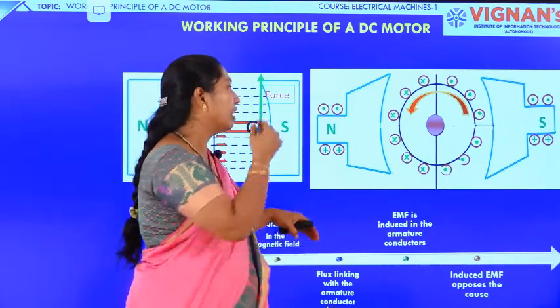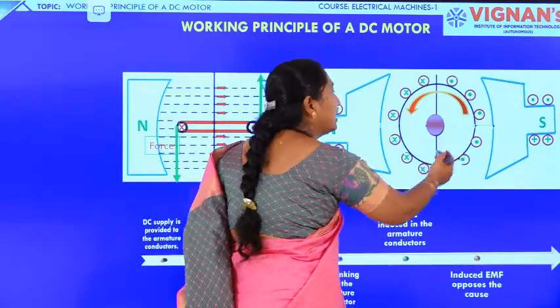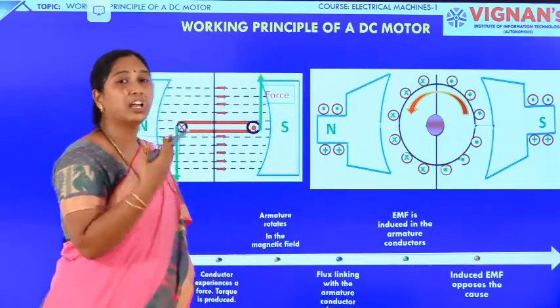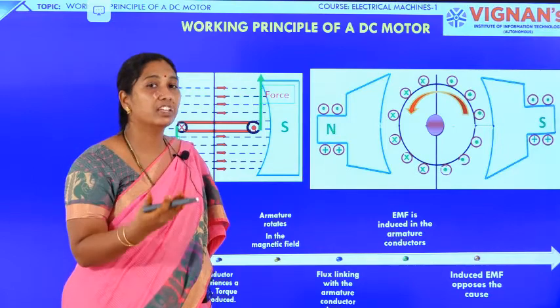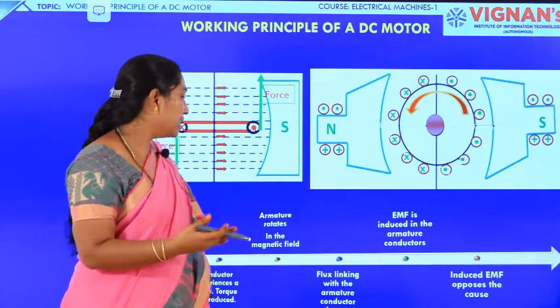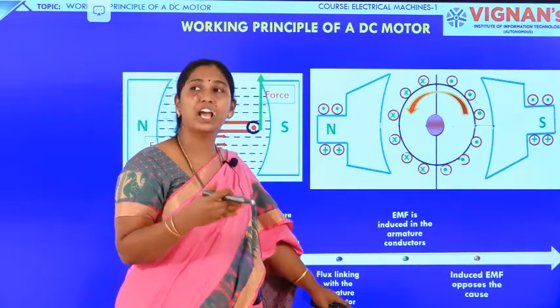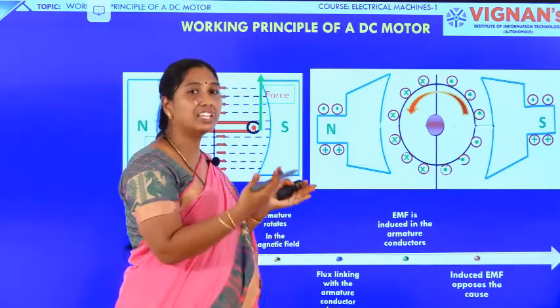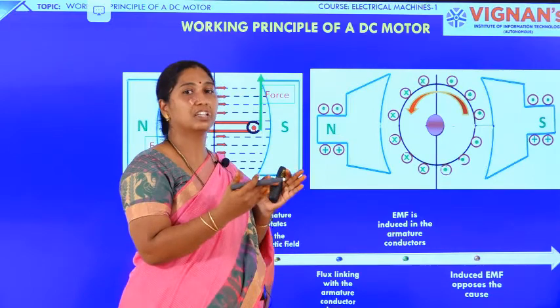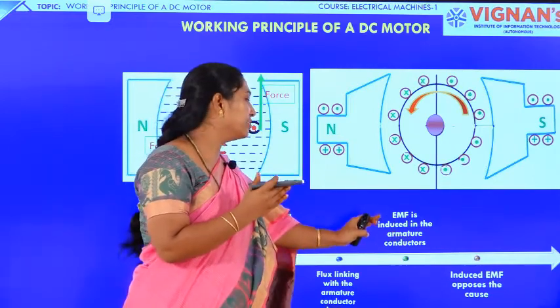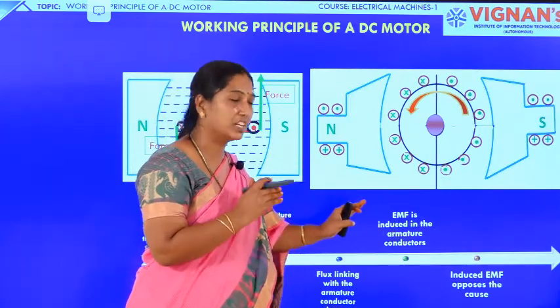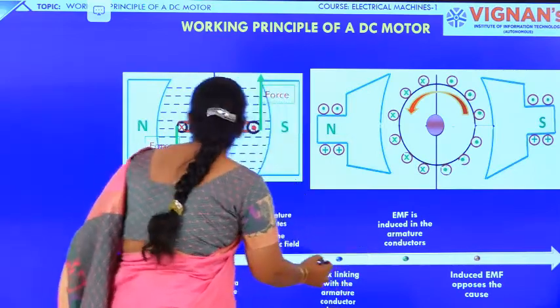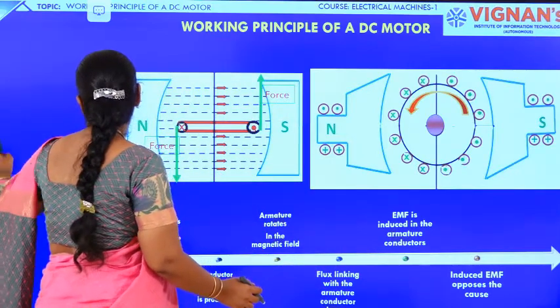Whenever the armature starts to rotate, the flux linking with the armature conductors will vary with respect to time. It means the flux linkage with the armature conductors will change. So, whenever the flux linking with the armature conductors changes, an EMF will be induced in the armature conductors. This is nothing but the generator principle.